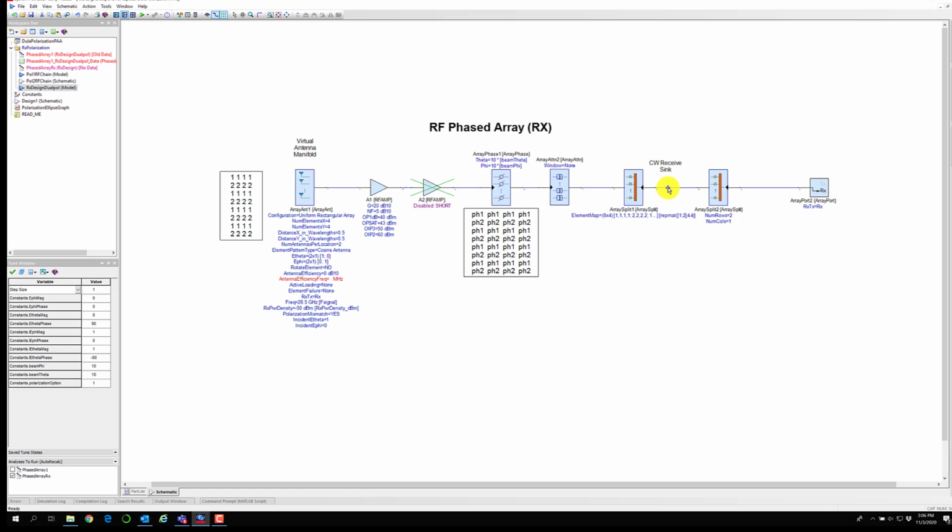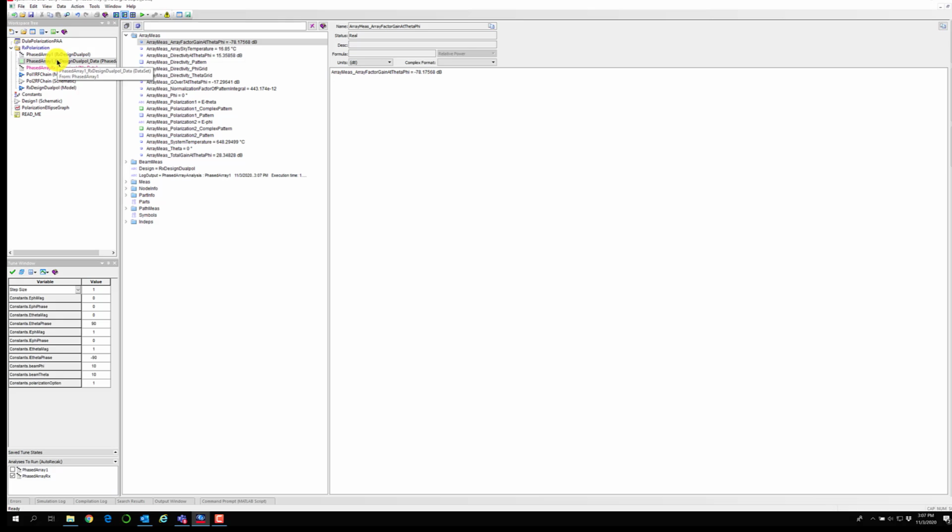Let us examine the polarization discrimination at the output of this first splitter, array split 1. So let's go ahead and simulate it. It will be a very short, very quick simulation. And we see the data set. Now, before examining anything, let us set up the expectation.